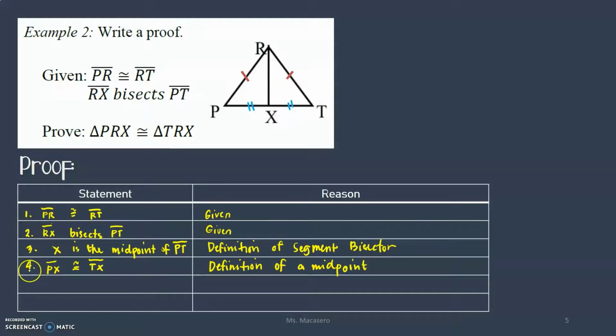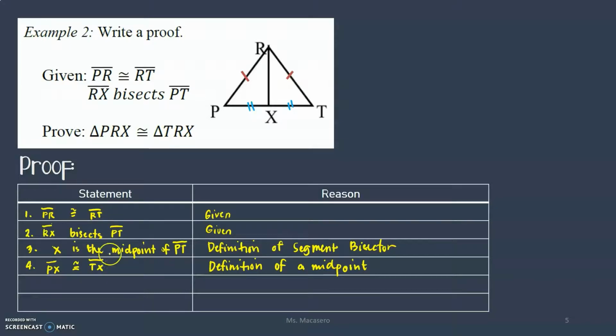Now, in statement 4, we have also established the congruence of side PX and side TX. So we have already two sides that have been established to be congruent. So how many other sides do we need to prove to be congruent so that the two triangles can be proven as congruent also?